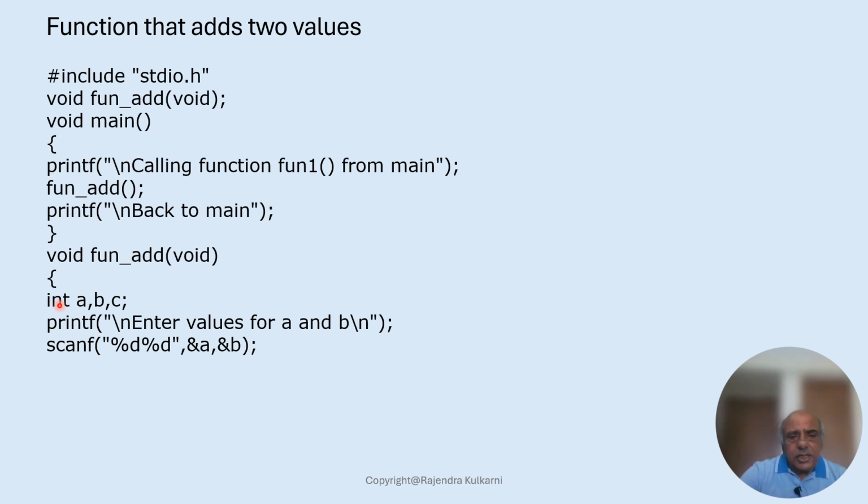So we have declared three variables of int type, then we are prompting the user to enter values for a and b, and whatever the user inputs, those values will be assigned to variables a and b.